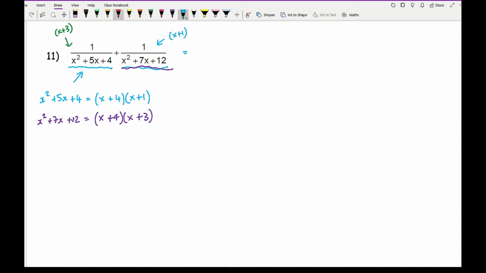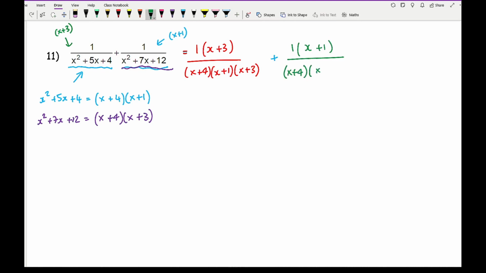So what we end up with is something that's going to look very, very messy. I'm going to end up with 1 and then x plus 3 over x plus 4, x plus 1, and then x plus 3. Let me just neaten that up, because it looks like a rogue symbol. Plus 1 lot of x plus 1 over x plus 4, x plus 1, and x plus 3.